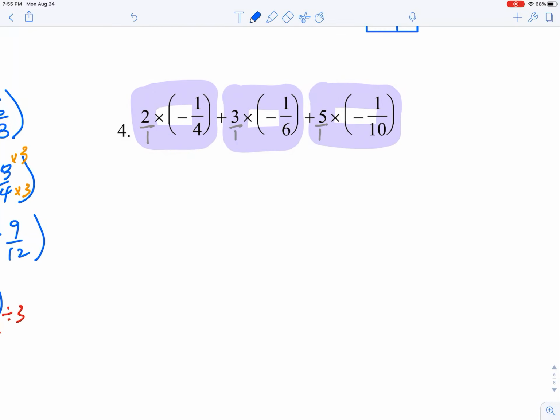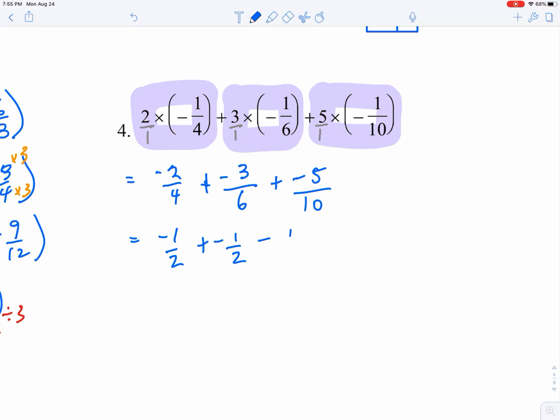So top times top, bottom times bottom, I get minus 2 over 4, which simplifies to minus a half, plus top times top with a minus sign there, so minus 3 over 6, which is the same as plus a minus half, plus top times top is a minus 5 over 1 times 10 is a 10.